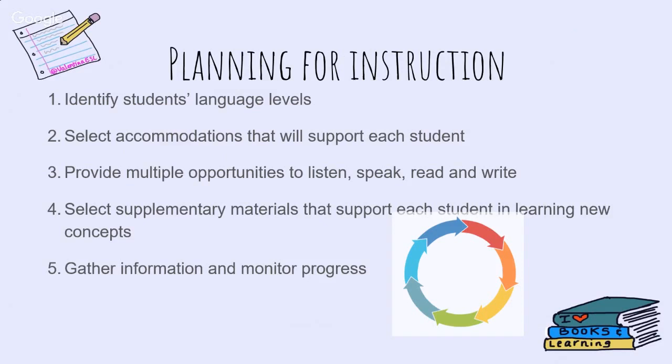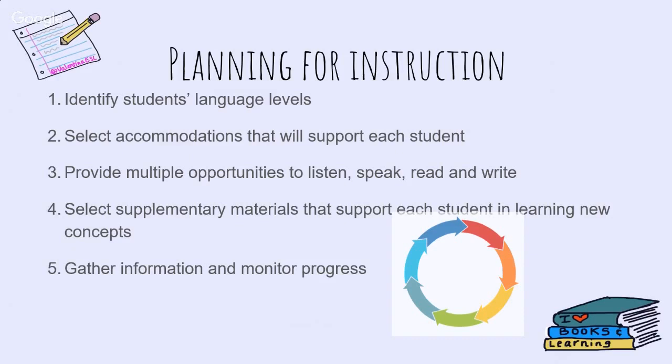As we're planning for instruction, even in our readers and writers workshop, we really have to be mindful of the language levels of our students. Then we look at accommodations. And we have to provide those opportunities. And I loved how Carlotta said, we swirl.